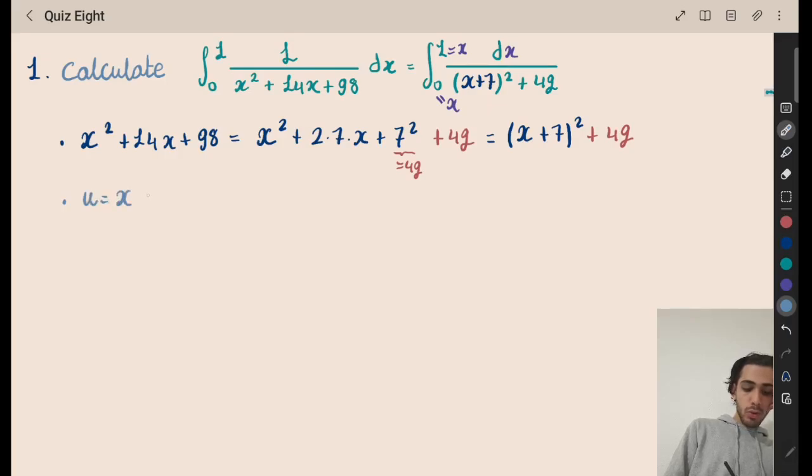So if I choose u to be x plus 7, then that's just amazing because the derivative of u is equal precisely to the derivative of x. It's the same rate of change. And you could say that the derivative of u is in the expression, it's just 1. So this is very nice and very practical for our purposes.